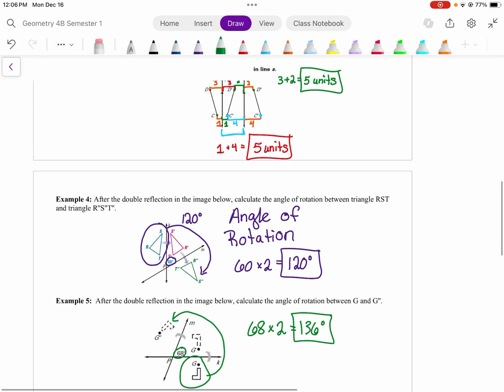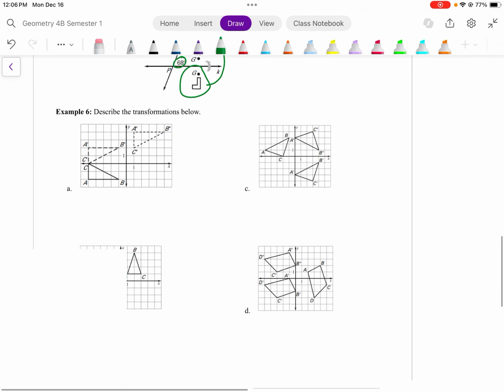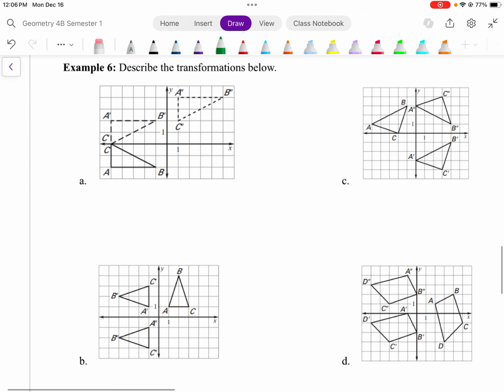Okay, so these last types of problems, they're usually pretty simple, but you want to make sure you are reviewing them in case they show up on a quiz or a test, so you don't forget how to do those problems.